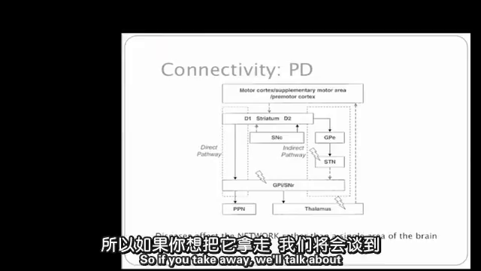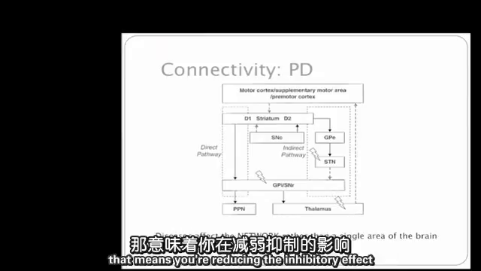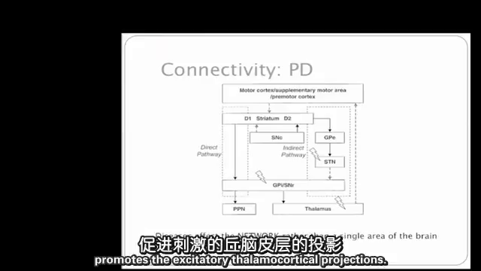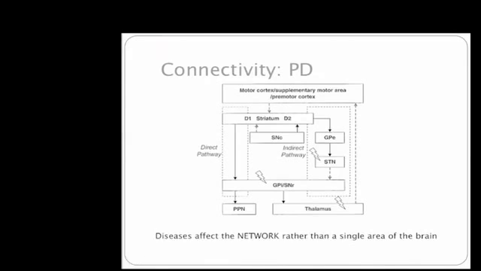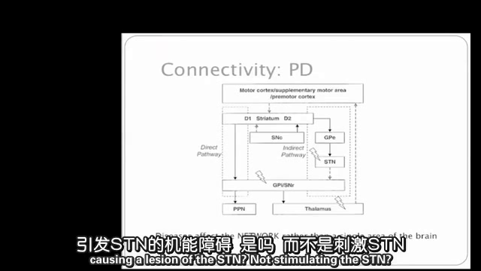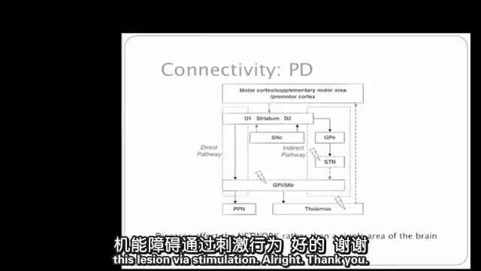Right. We'll talk about what exactly happens later, but if you take away that excitatory input to the GPi, that means you're reducing the inhibitory effect of the GPi on the thalamus, which ultimately promotes the excitatory thalamocortical projection. So I just want to clarify that you're essentially causing a lesion of the STN, it's not stimulating the STN. The belief is that you're causing a lesion. It's lesion via stimulation.